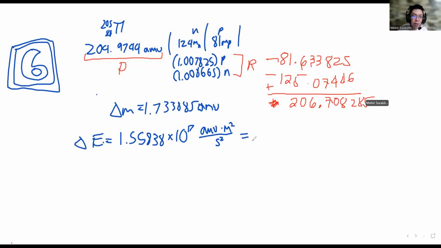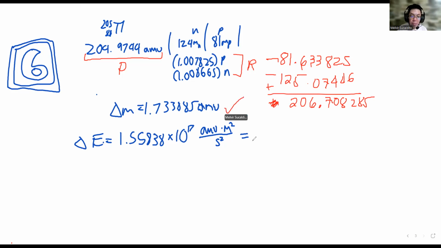And to get the difference, 206.708285, no? So minus 204, dapat negative yan, 1.73333885, correct. So this is the difference.